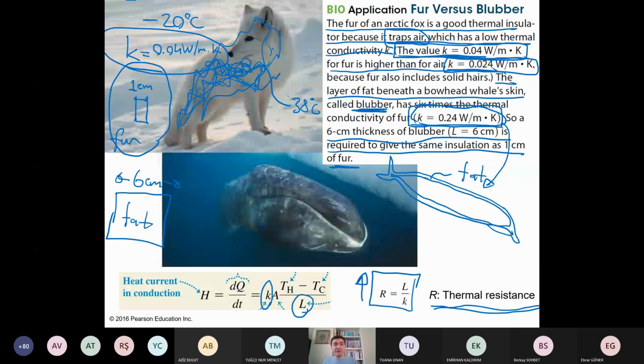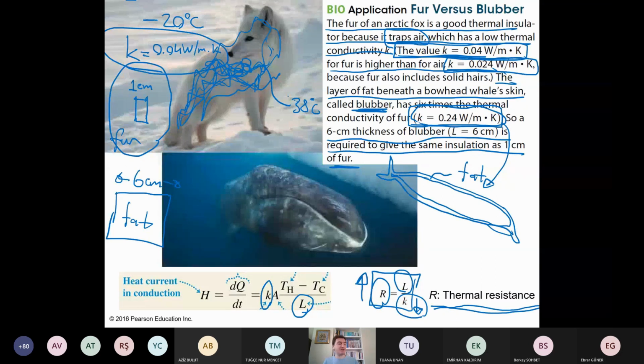In order to have good thermal insulation, you have to have low thermal conductivity. If you have low thermal conductivity, then you will have high thermal resistance. Then even a very small thickness will be enough to thermally insulate the system from environmental conditions.